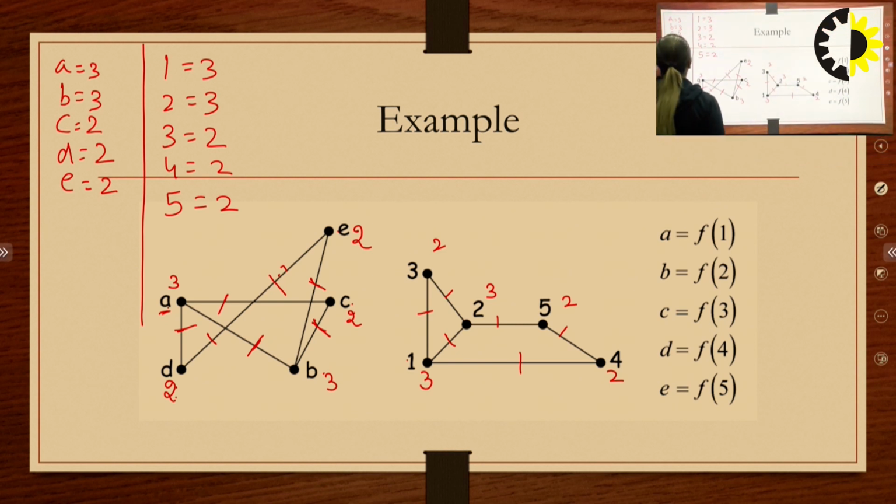Now you check. There are 2 vertices of degree 3 and 3 vertices of degree 2 in both graphs, right?